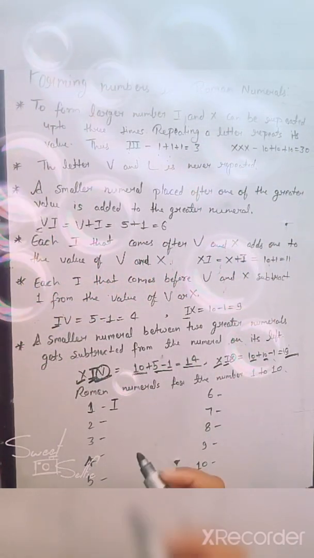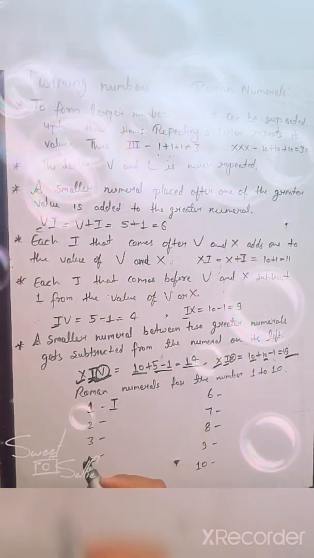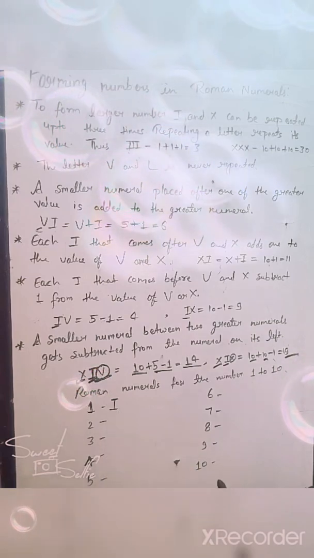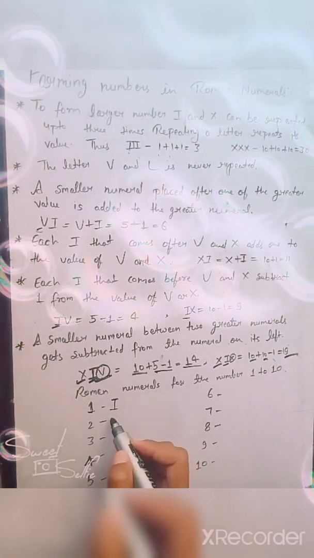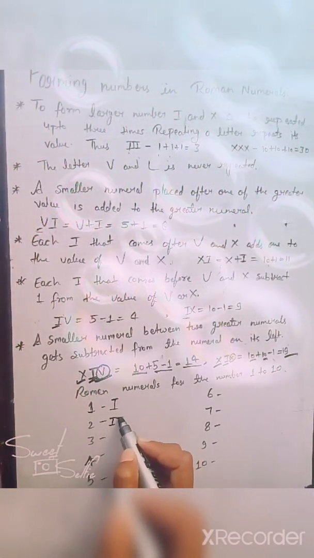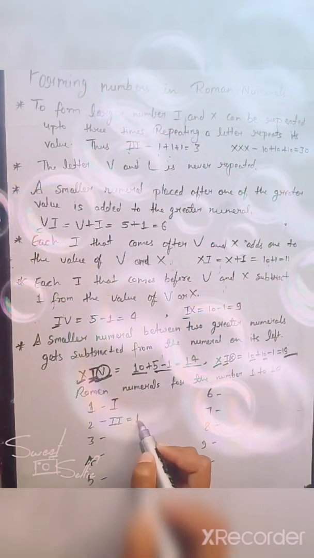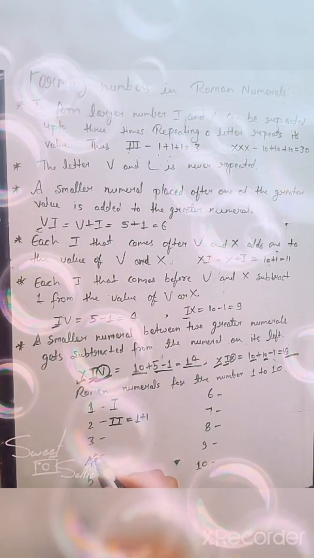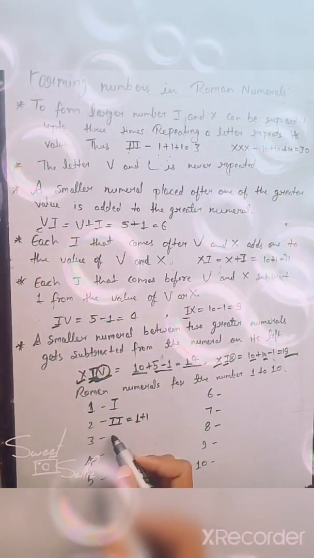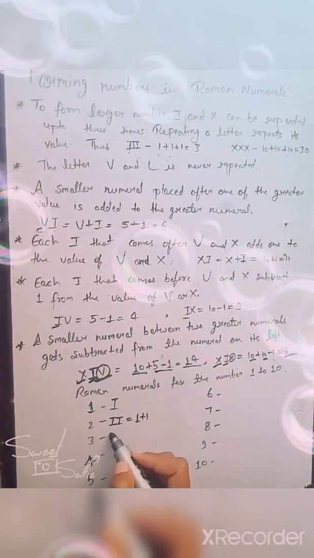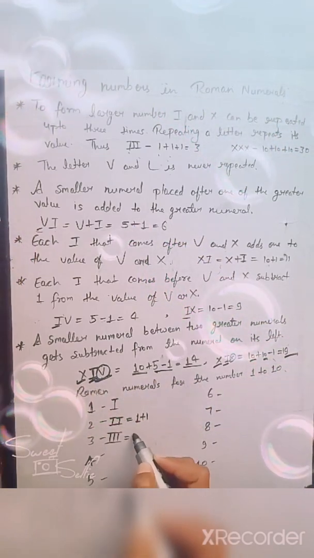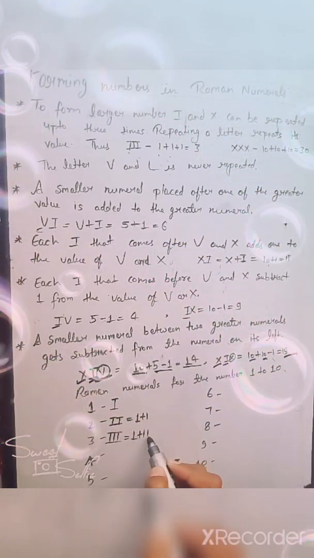This is I. And for 2, we know we can repeat I up to 3 times. So for 2, we can write I and I. Means 1 plus 1 is equal to 2. And for 3, we can write I up to 3 times. So 1, 2 and 3. Okay. Means 1 plus 1 plus 1.